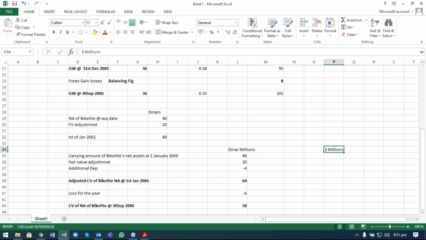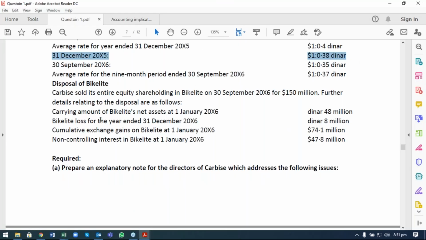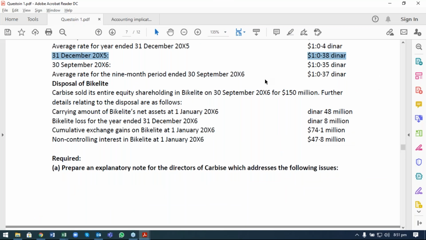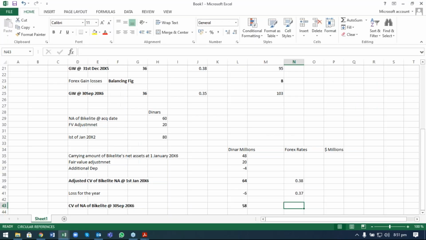Forex rate 0.38 should be applied, and the average rate should be applied to the profit and loss during the year. The average rate was 0.37, and the rate on 30th September was 0.35. So you can calculate the value.